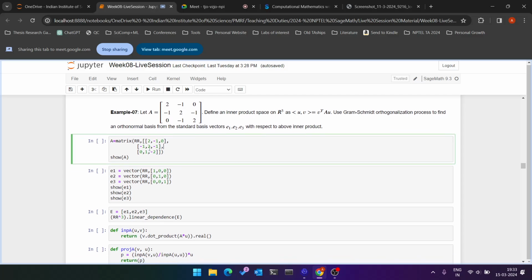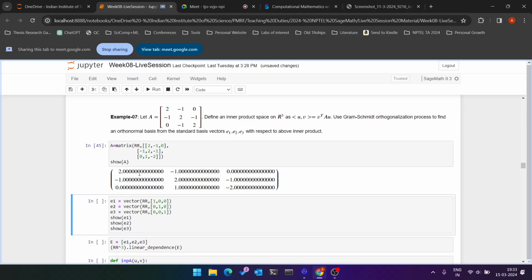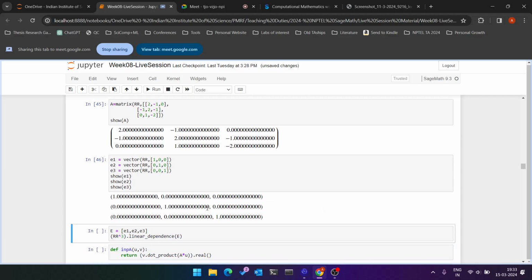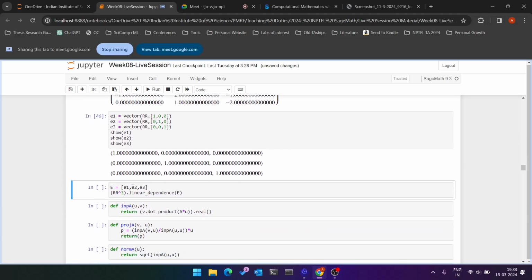Let us begin. So the matrix A is basically 2 minus 1 0, minus 1 2 0, and 0 1 minus 2. Next, I define vectors e1, e2, e3. We have been told that they are the standard basis vectors. So 1 0 0, 0 1 0, and 0 0 1. As a precaution, we check the linear independence of any basis.